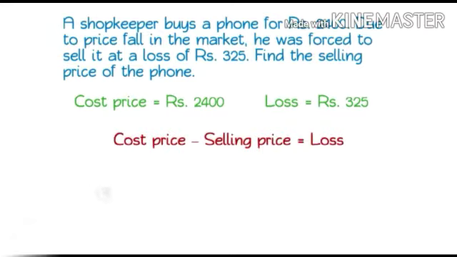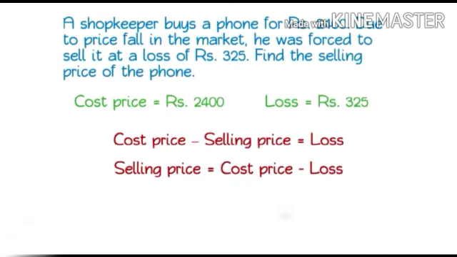The formula for loss is equal to cost price minus selling price. So, from this formula, selling price is equal to cost price minus loss. Substitute given values, 2400 minus 325, which is equal to 2075 rupees.